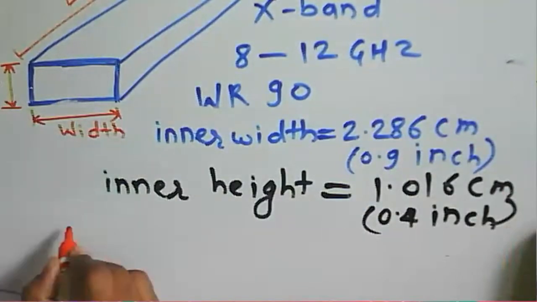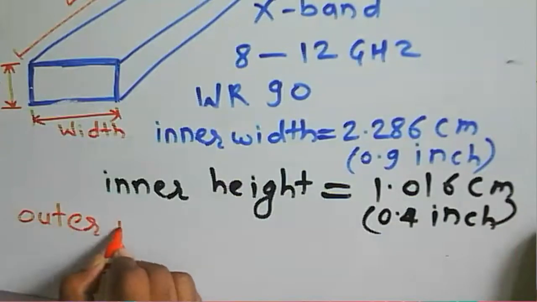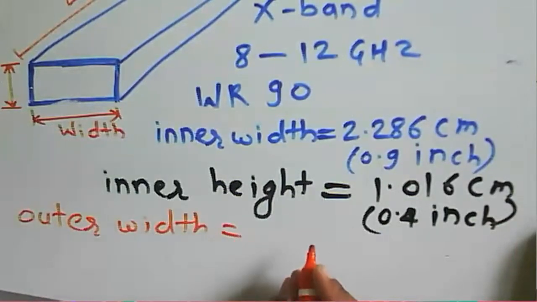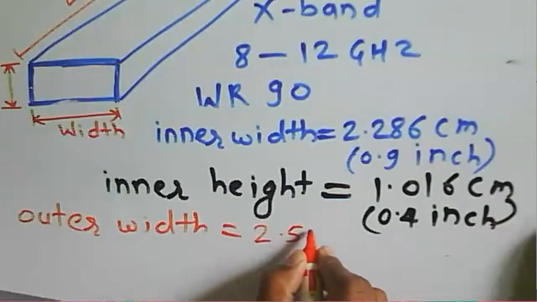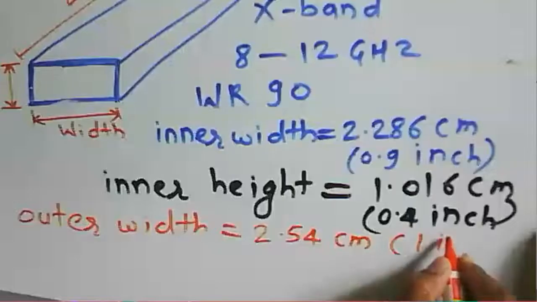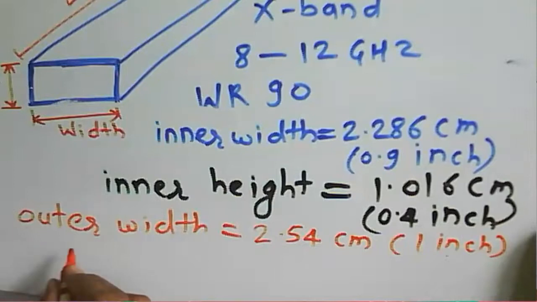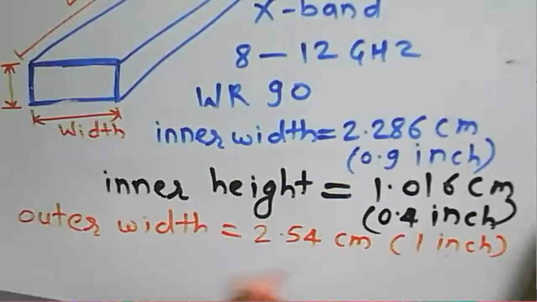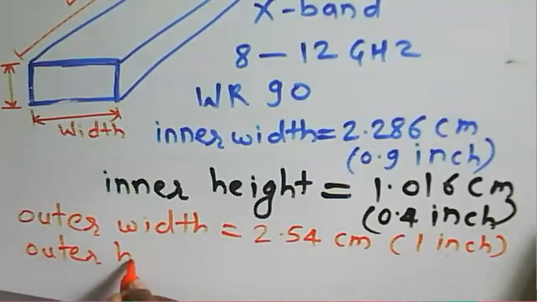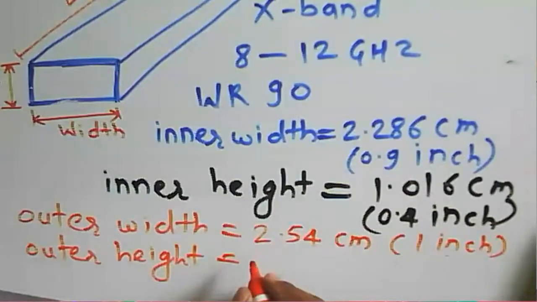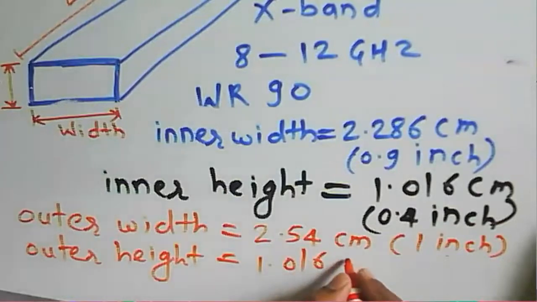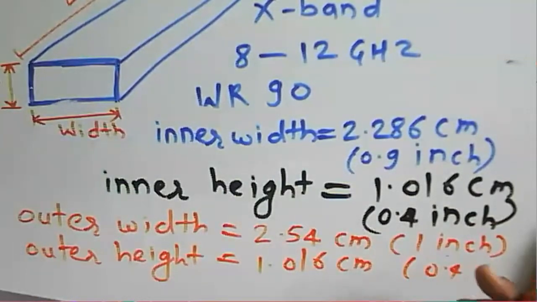We'll talk about the outer width now. So the outer width, or outer dimension, is nothing but 2.54 centimeter or 1 inch, and the outer height is approximately 0.5 inch.